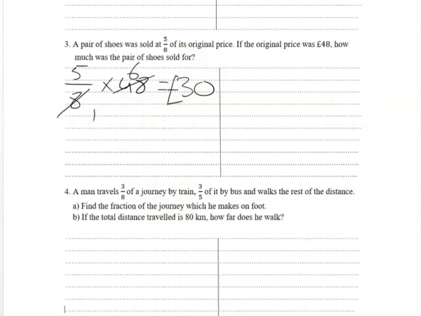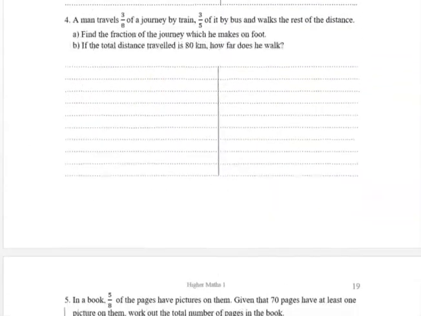Now the next question. A man travels 3/8 of a journey by train and 3/5 of the journey by bus, and he walks the rest of the distance. What fraction did he walk on foot? Here we need to work out the sum of the journey that was taken by train and by bus.